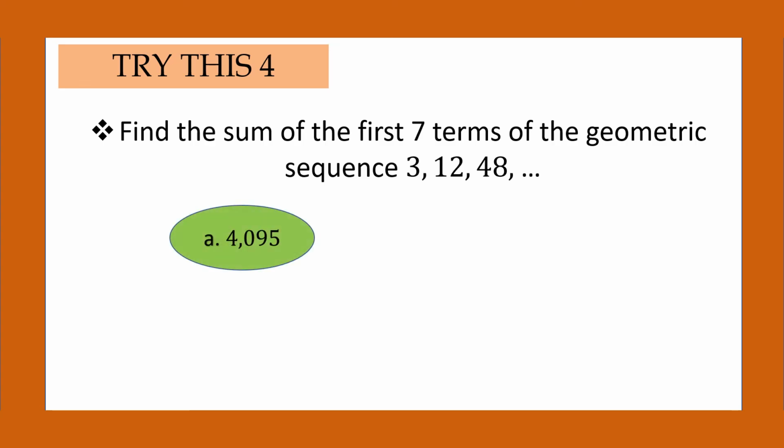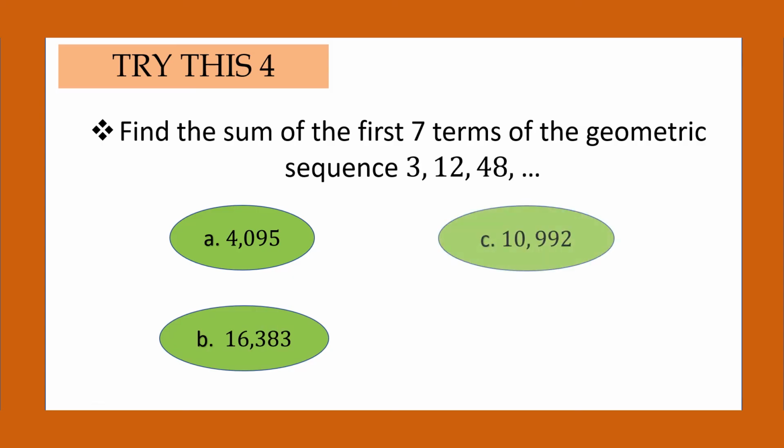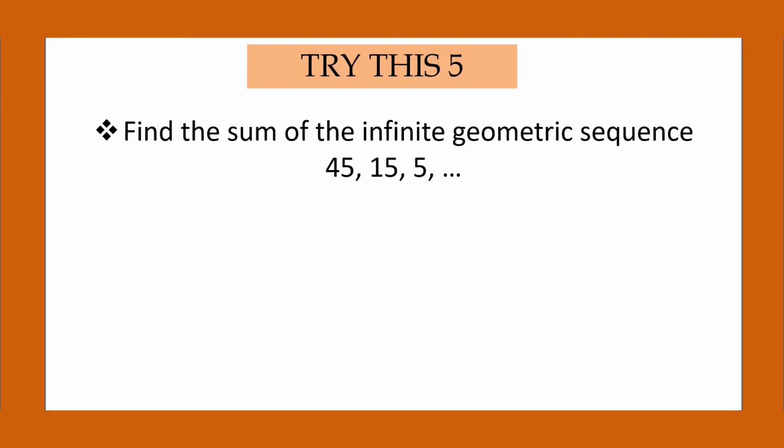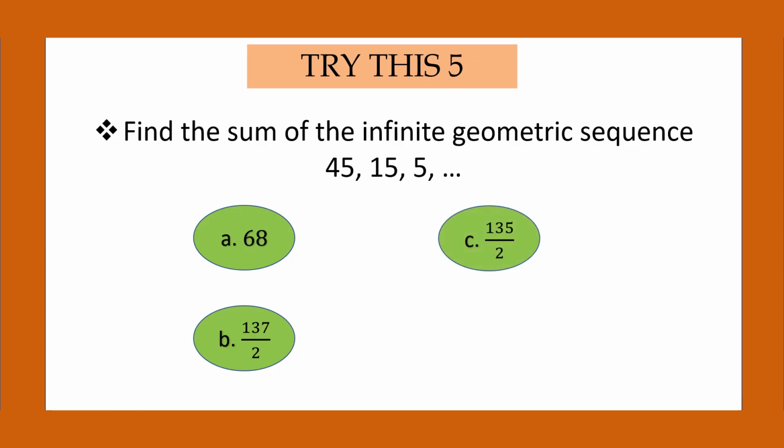Is it A, 4,095, B, 16,383, C, 10,992, or D, 65,635? Lastly, find the sum of the infinite geometric sequence 45, 15, 5, and so on. Is it A, 68, B, 137 over 2, C, 135 over 2, or D, 69?